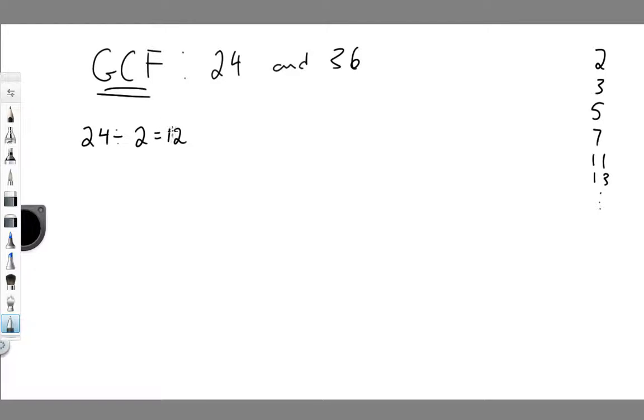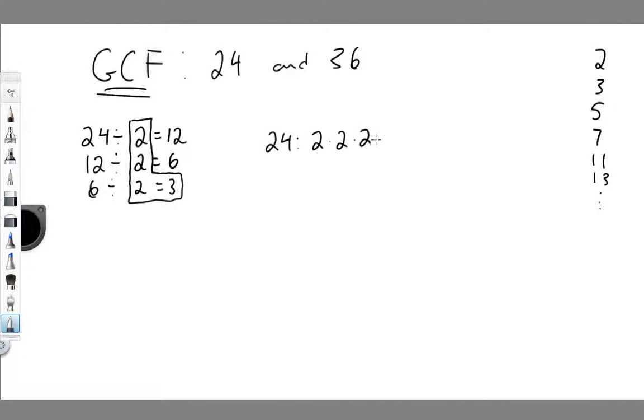Then the next step in the L method, you take 12 and divide it. 12 divided by 2 is 6. 6 is still not a prime number, so 6 divided by 2 is equal to 3. When I stop with a prime number, which is 3, there's my L. So for 24, my prime factorization is 2 times 2 times 2 times 3.